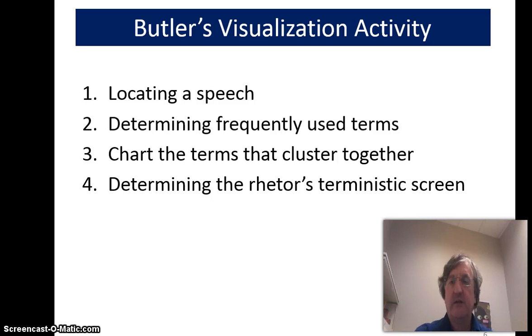The author outlines a visualization activity focused on helping students understand an author's intent. She outlines a process, which is basically finding a speech, determining the frequently used terms in that speech, charting the terms that cluster together, and then discussing how those terms, the analysis and the visualizations can help you understand the author's intent and worldview.